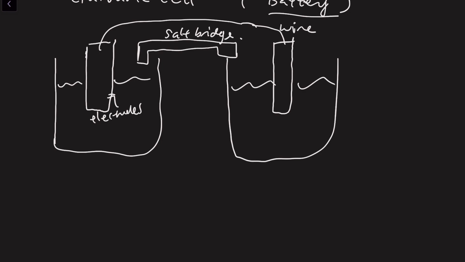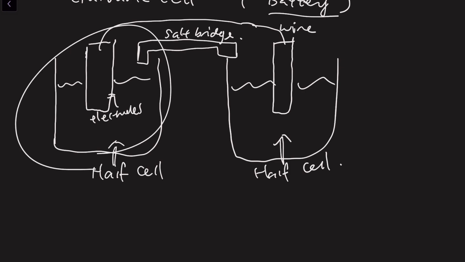Each of these containers is called a half cell. The reason why we call them half cells is because half of the complete chemical reaction occurs in this one particular cell.